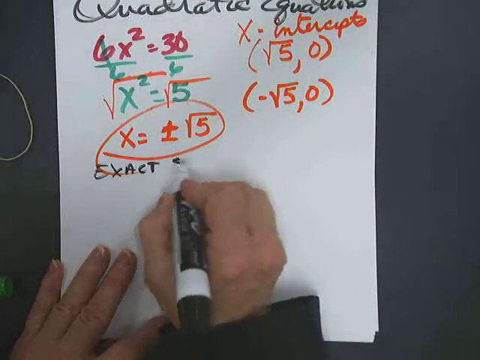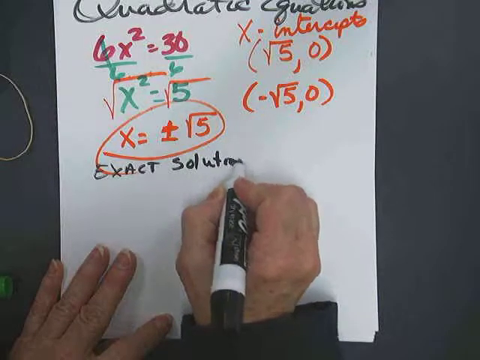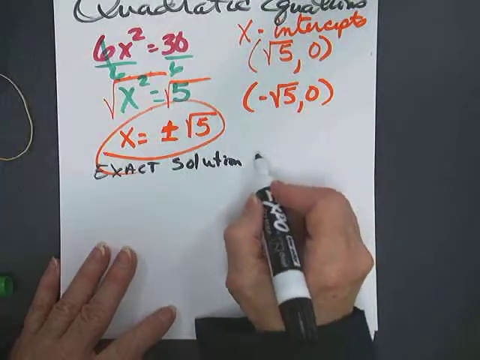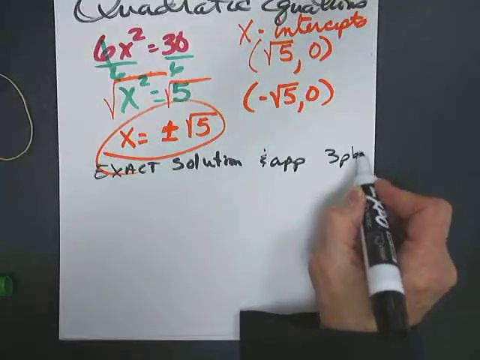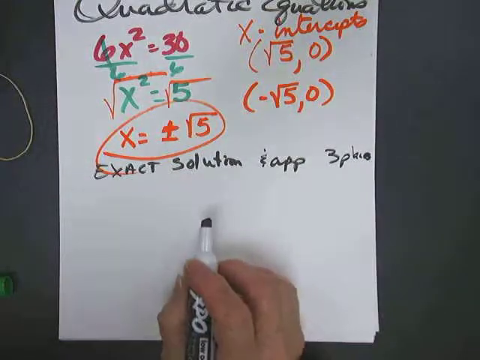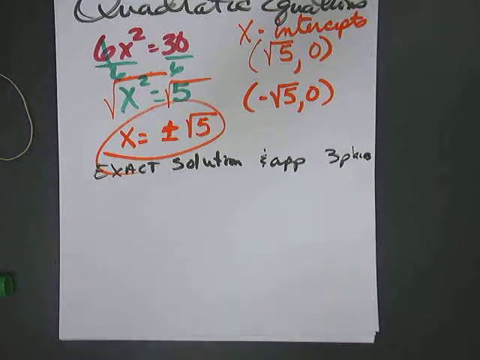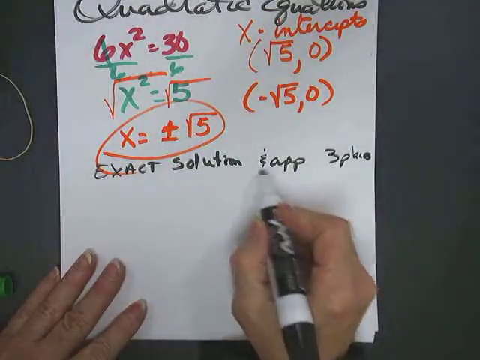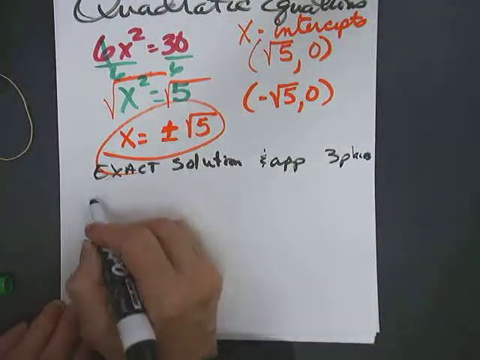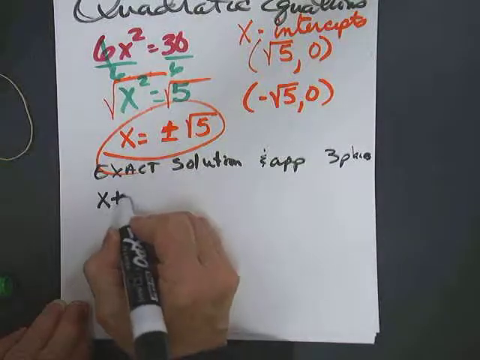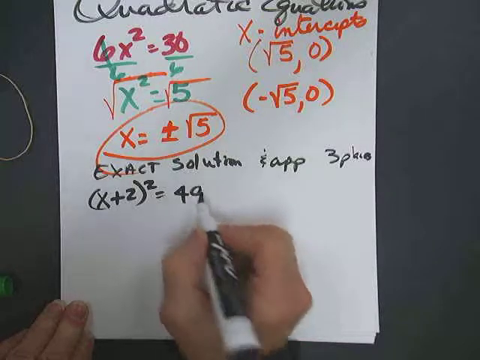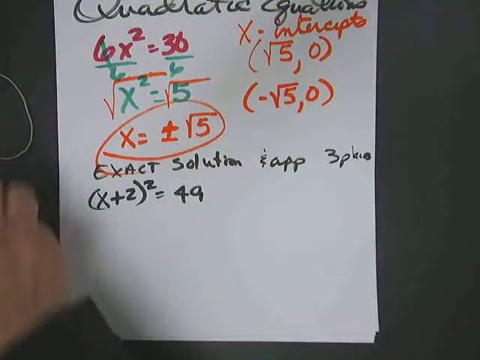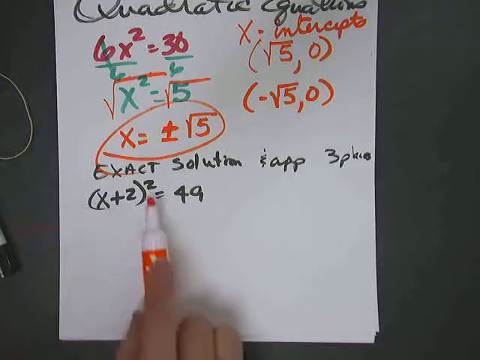Okay, let's give an exact solution and approximate to 3 places, if it didn't come out even. Approximate if it's appropriate. Okay, so let's solve x plus 2 squared equals 39.